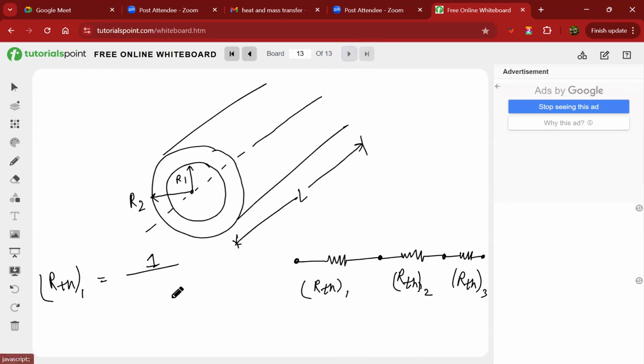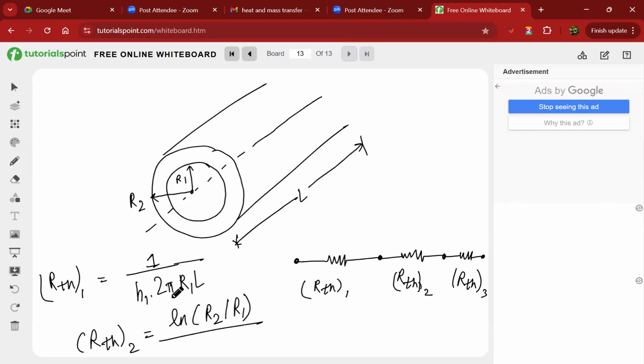Okay, so here RTH1 is represented as 1 by h1 into 2 pi r1 L. RTH2 is equal to ln(r2 by r1) divided by 2 pi kL.